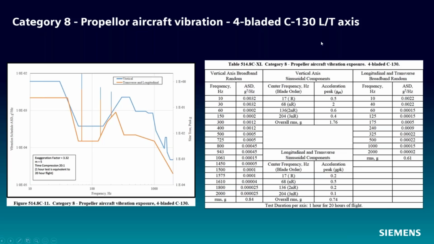This is a C130 longitudinal transverse axis, and this is a very typical sine on random test definition. It gives you the baseband random and then these sine tones on top. And you can see the baseband random definition breakpoints in the PSD here, and the sine components in the middle, vertical axis in this section, and the longitudinal transverse in this section.